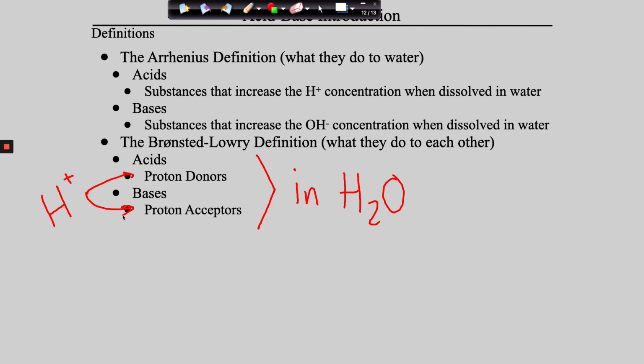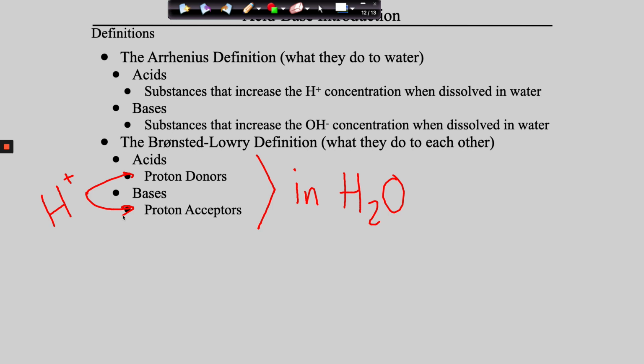Nitrate's always a spectator. Acetate's always a spectator. Why was the water never in the chemistry? It wasn't a part of the reaction. Guys, in those settings, water was simply the solvent that broke the ions apart, and then it let the ions play together. The water was the playground. Well, guys, in acid-base chemistry, water is a participant in the game.